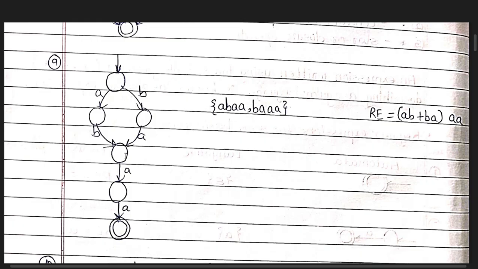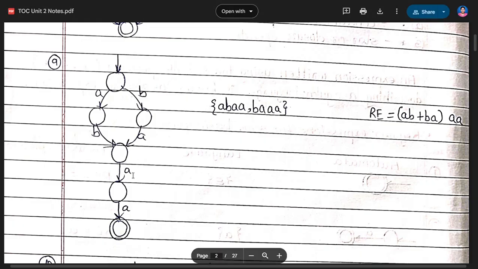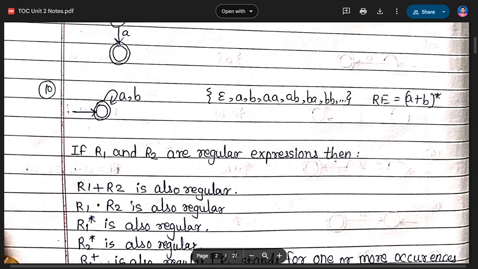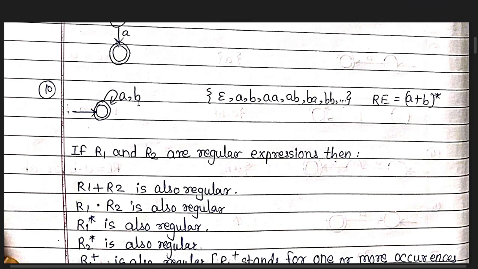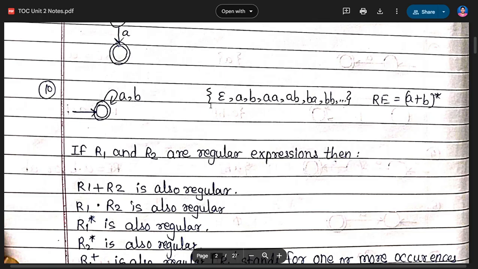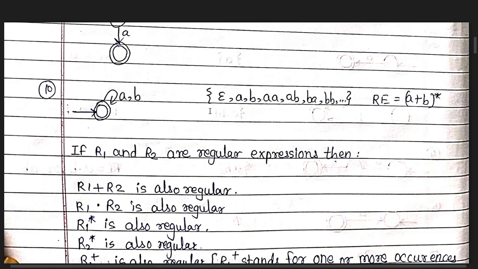And what is the direct answer? A and A. So we write it like this. And the next one is both an initial and final state, so here A comma B. How will we write it in the language form?